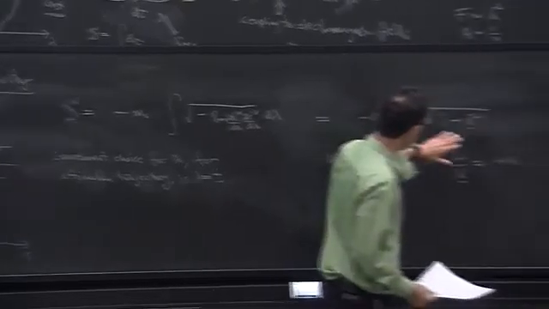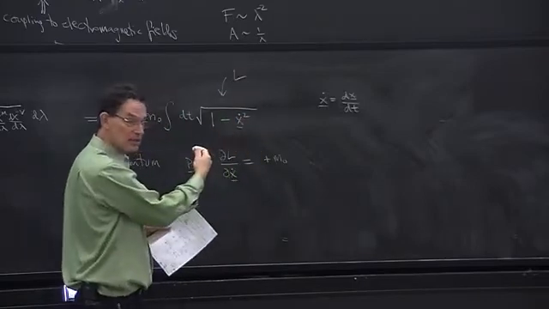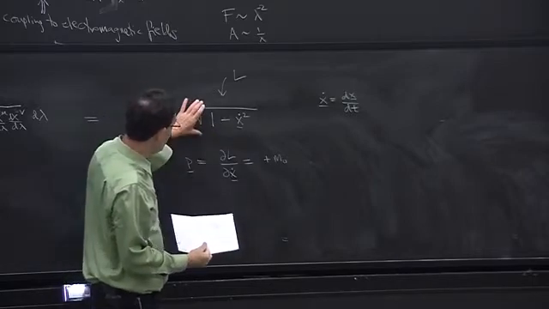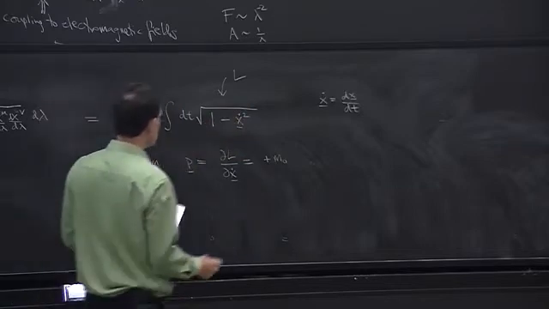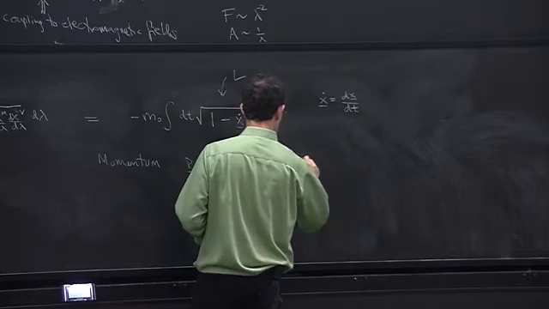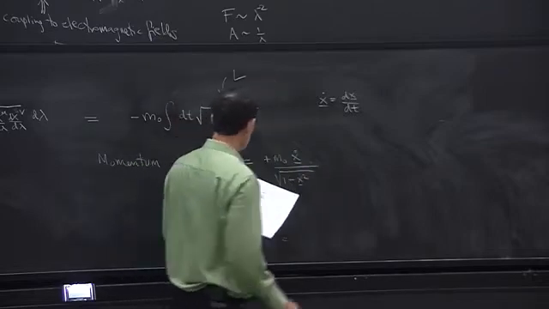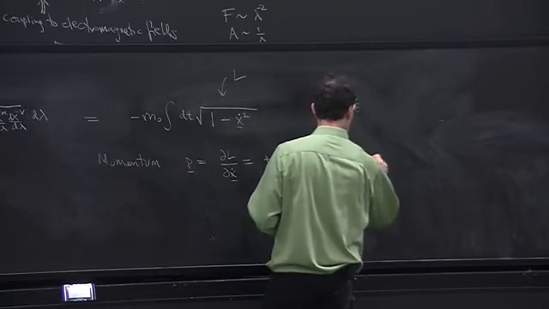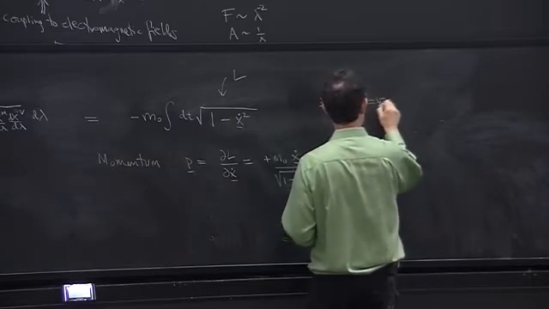When I take this, my Lagrangian, dL dx dot gives me minus x dot over the square root. I get a factor of a half from the square root, but a factor of 2 because this is x dot squared. And so this gives me plus m naught x dot over root 1 minus x dot squared. So this is nothing but gamma m naught v, where x dot is v.